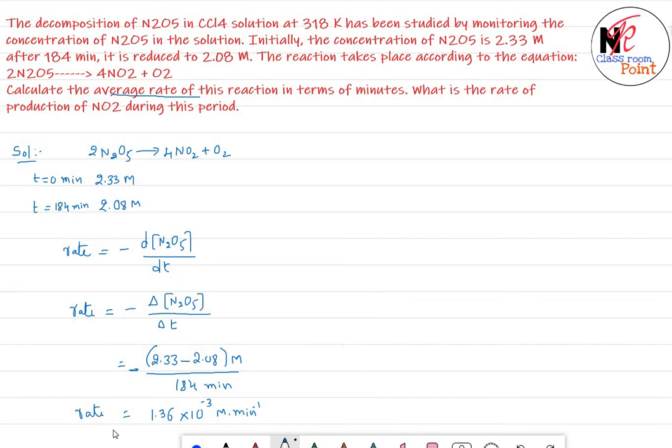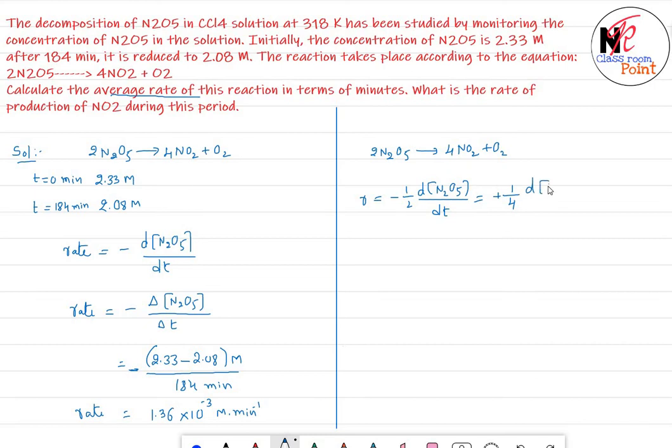Now let us calculate the rate of production of NO2 during this period. According to the equation 2N2O5 gives 4NO2 plus O2, the rate of reaction equals minus 1 by 2 d concentration of N2O5 divided by dt, equals plus 1 by 4 d concentration of NO2 divided by dt, equals d concentration of O2 divided by dt.